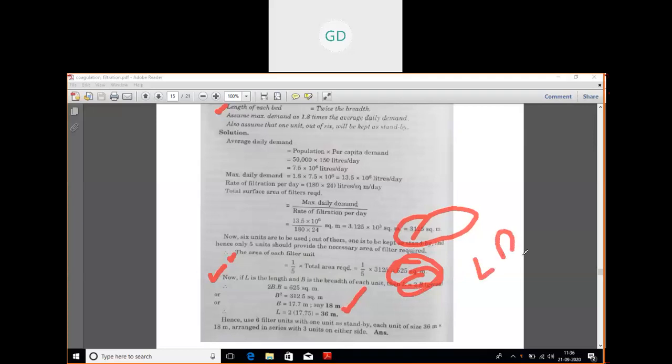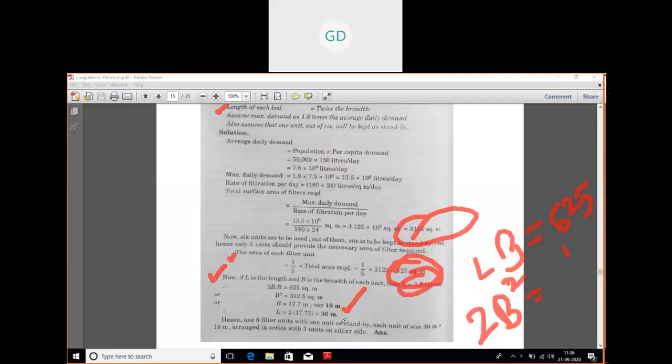Length into breadth, is equal to 625. Your area is given, correct? So now L is given as twice B, so it is twice B into B, so it will be 2B square, correct? 2B square is equal to 625. Then you calculate and you will get the breadth as 18 meter.